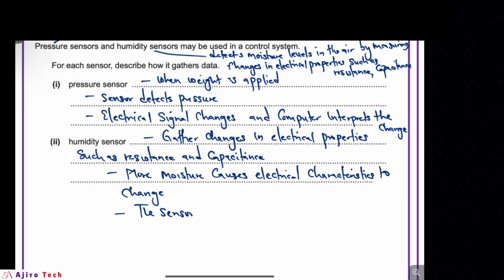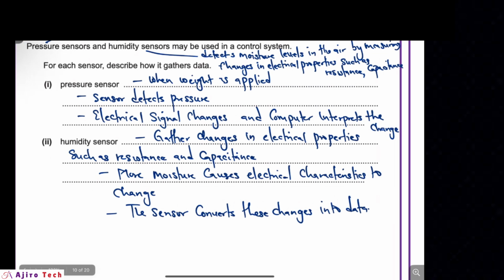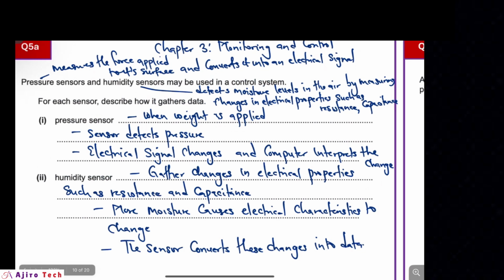A sensor converts these changes into data. So that's how to answer questions like this.